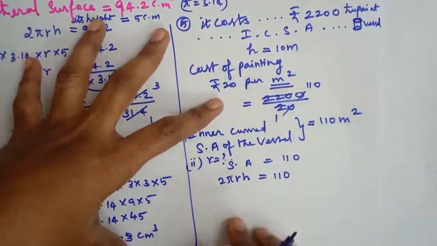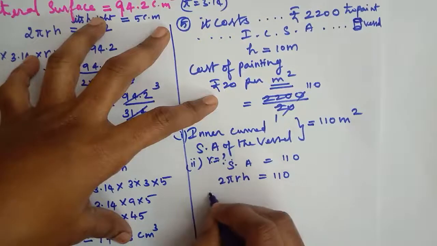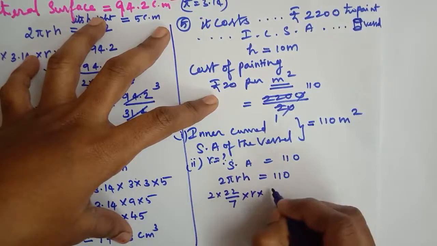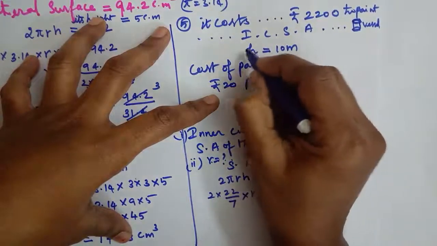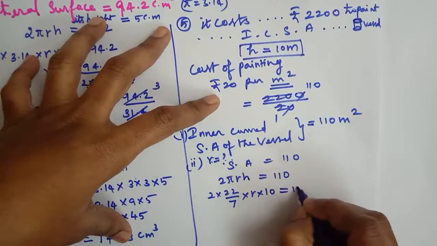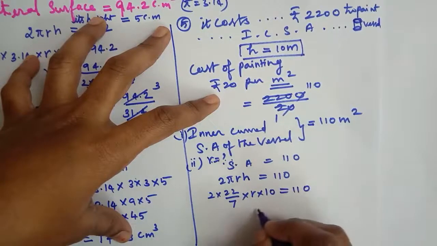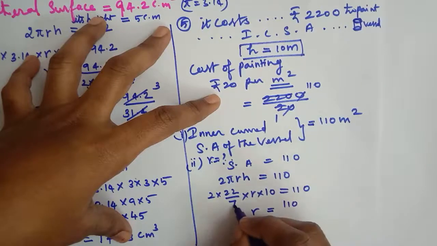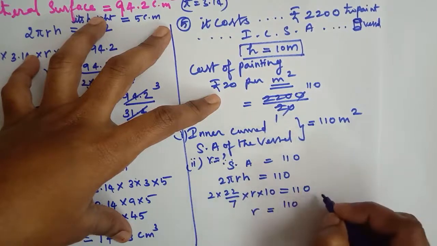Okay, students, then listen. 2 into 22 by 7 into r into h, where h equal to 10 meter. So that is equal to 110. Then r is equal to 110. This is the denominator, right? If it moves to the right hand side, it becomes the numerator.